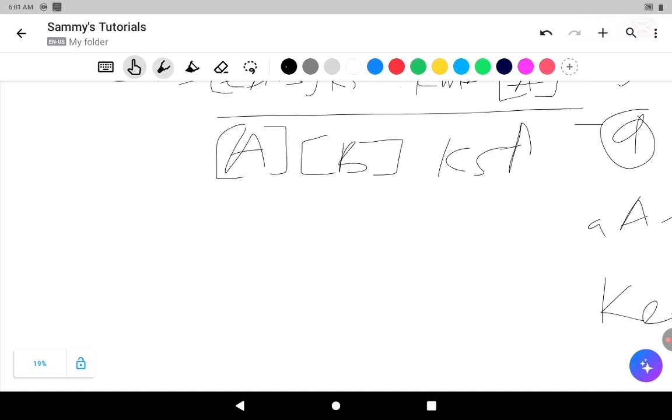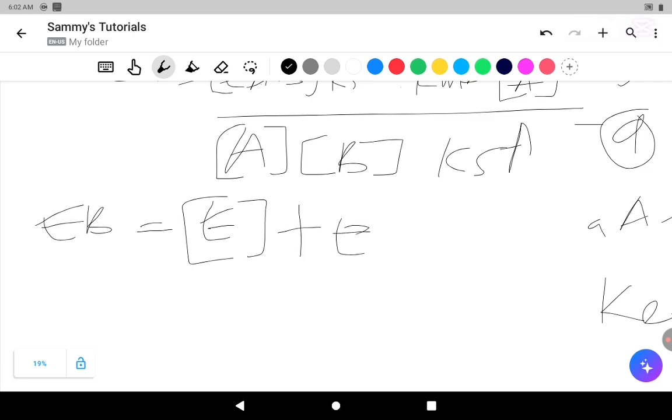Good. So let's see. Equation B is what? EB equals to what? Equals to free enzyme, plus B, all over KSB, isn't it?